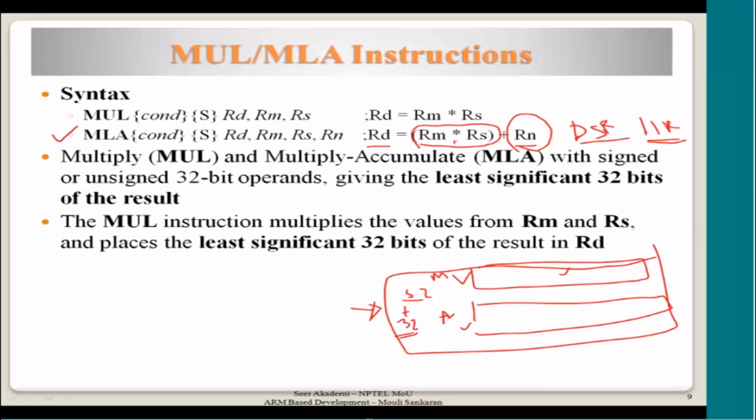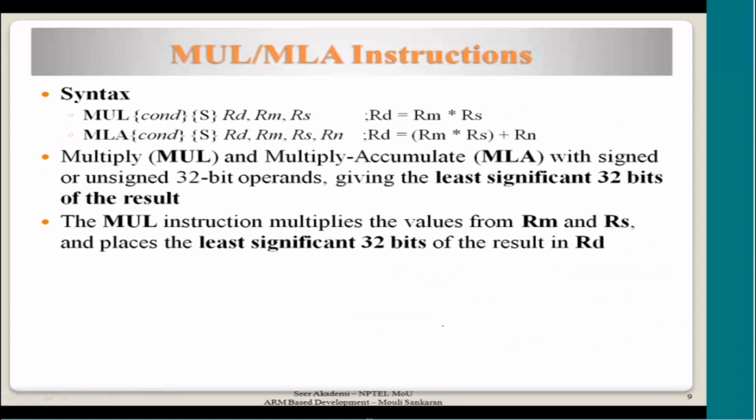So you are optimizing, as the processor has given you one single instruction for doing both operations. Though the add will take one internal cycle, you are saving on code size, time, power, everything.